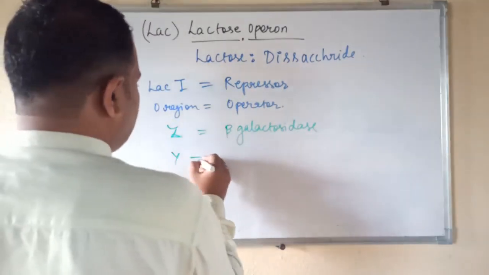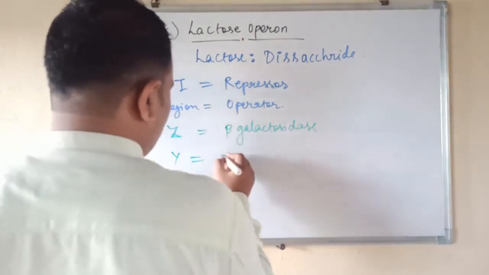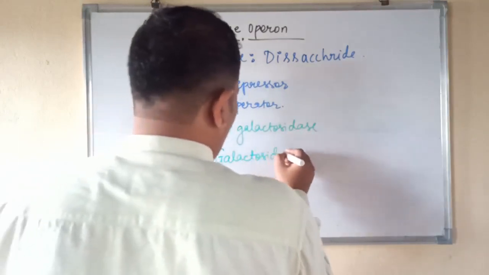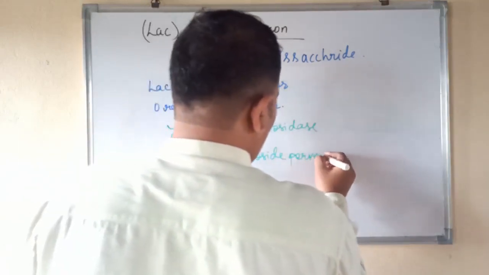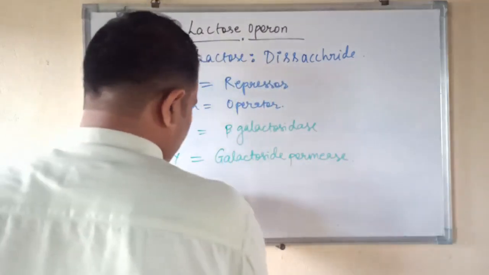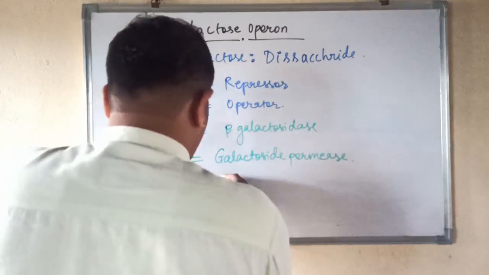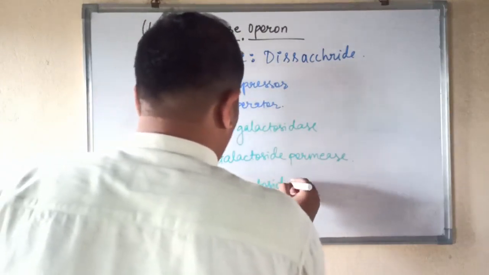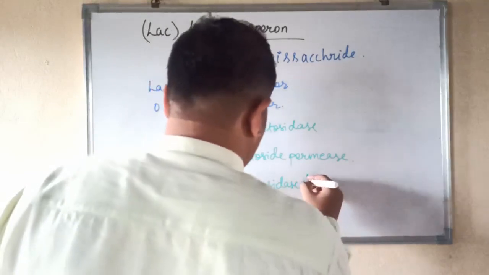The next gene is Y, that is galactoside permease. And last is the A gene that codes for thiogalactoside transacetylase.